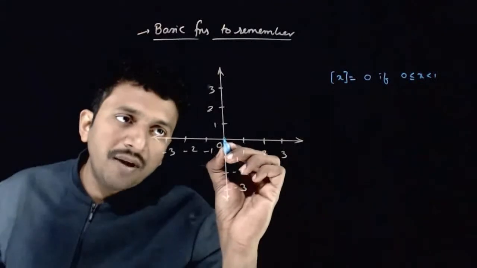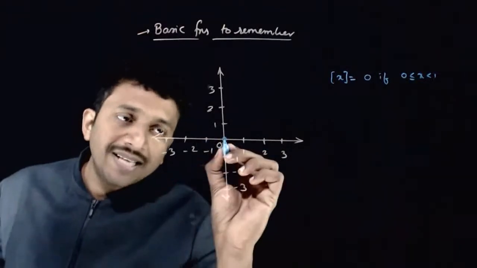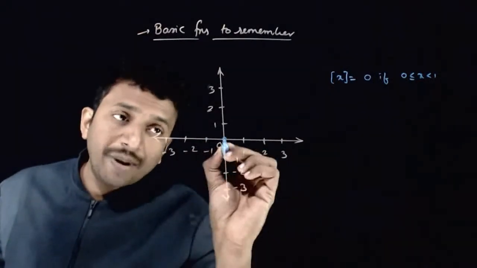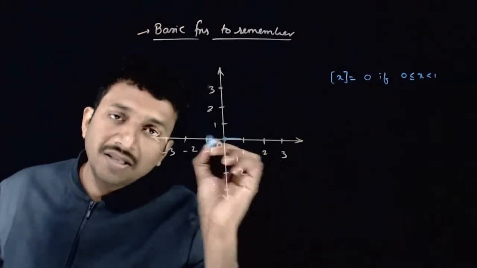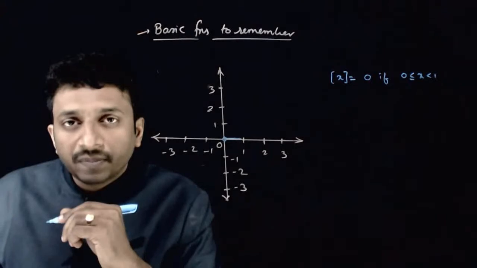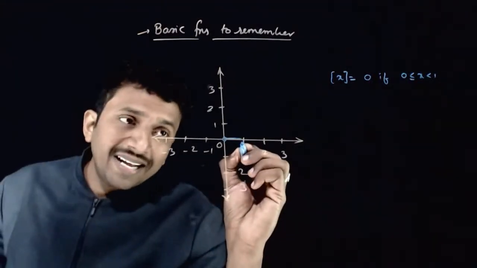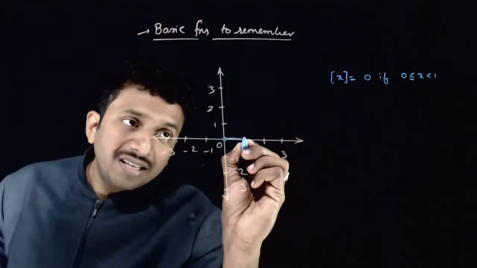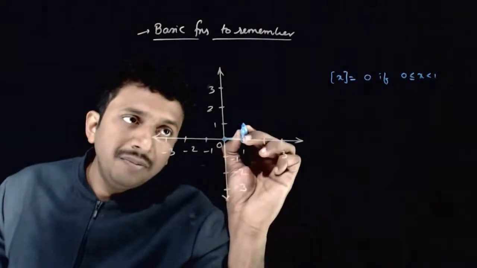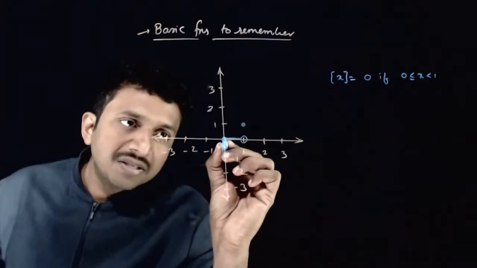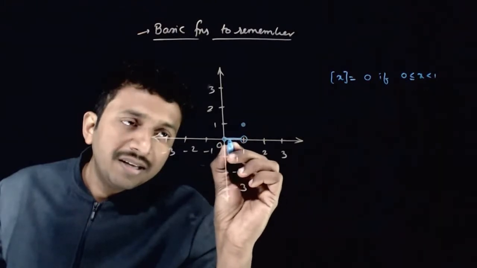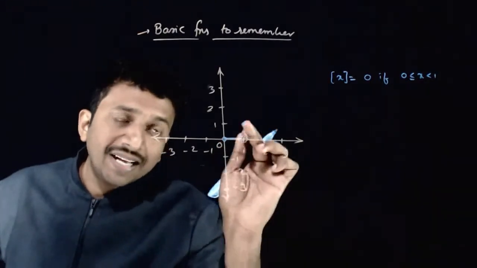That means the value of y will be equal to 0. That is exactly at 0, the integer part is 0, and this remains 0 till it reaches the value x is equal to 1. And exactly at x is equal to 1, it jumps to the value equal to 1, right? It becomes 1 exactly at x is equal to 1.